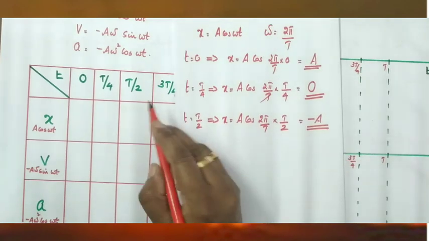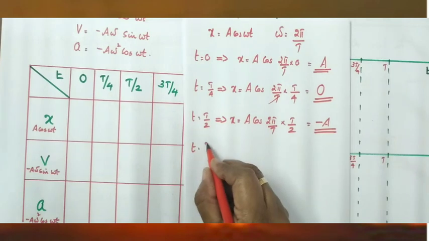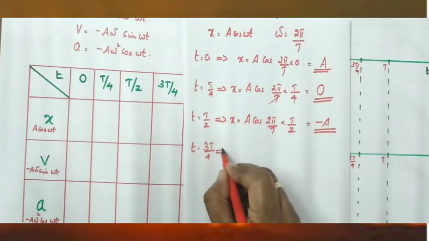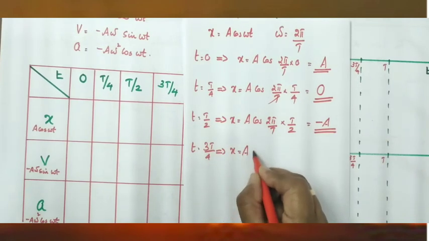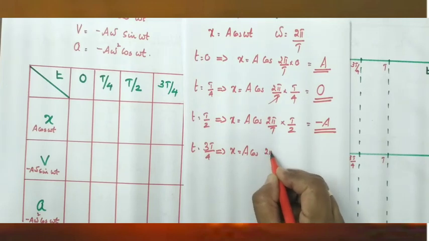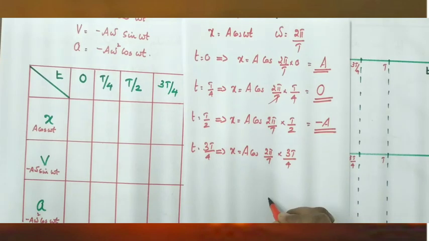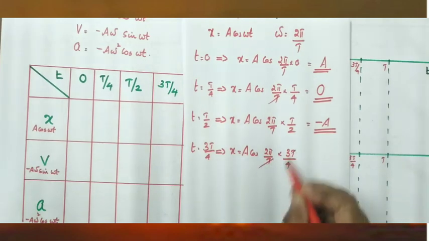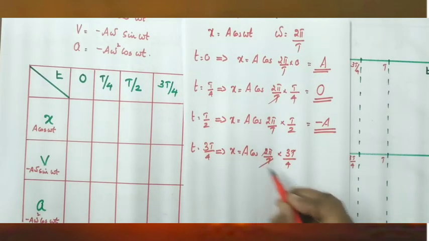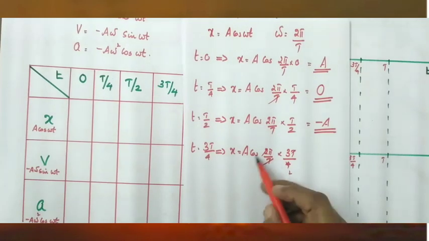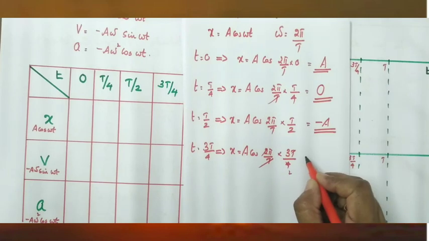Again, the next term is 3T by 4. At that time x is equal to A cos(2 pi by T into 3T divided by 4). Here also T gets cancelled, and it becomes 3 pi by 2. So it is cos 270 degrees, which is 0.